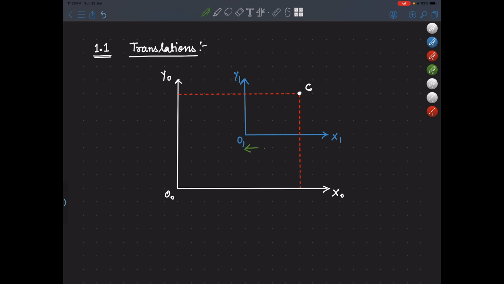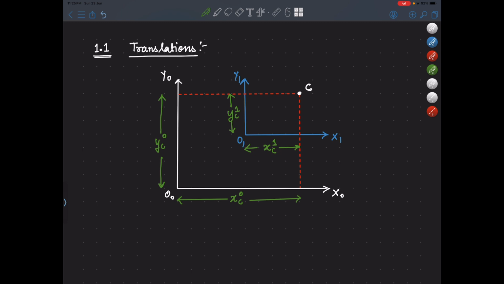So let's say this is x of c in the first coordinate frame, this is y of c in the first coordinate frame. And this is x of c in the zero coordinate frame, and this is y of c in the zero coordinate frame.